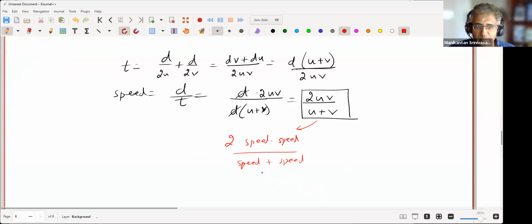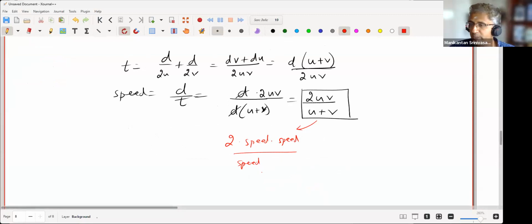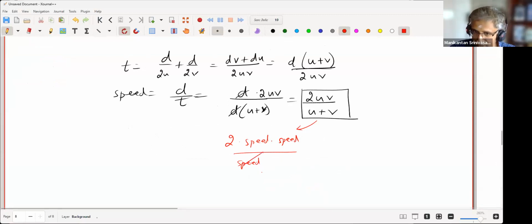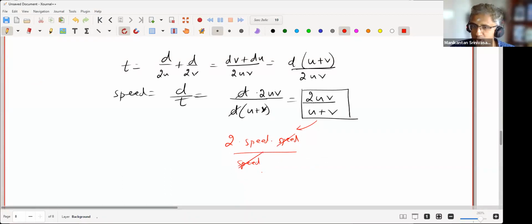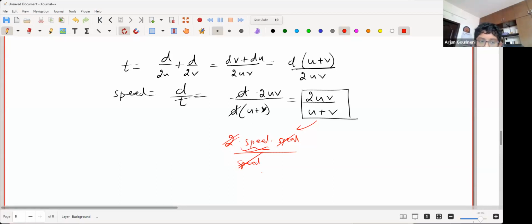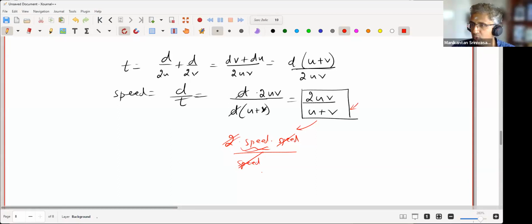So I might as well replace this with speed. Speed into speed is speed square, so I can cancel off one speed. So the answer is 2 into speed. 2 is just a number, does not have any units at all. So the final units is speed, which is exactly what I want. So it passes the dimension check or unit check. Does this make sense to everyone? Arjun, does this make sense, how to check dimensions? Yes, sir. Okay, and the final answer is 2uv by u plus v.